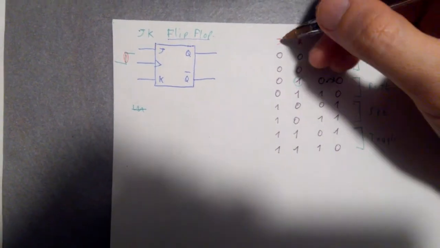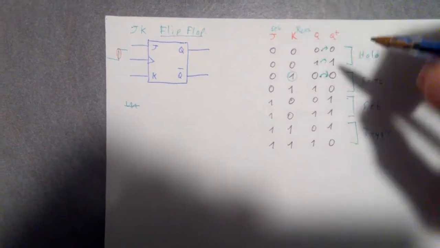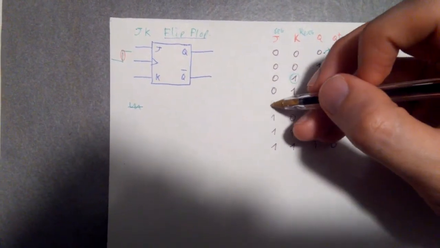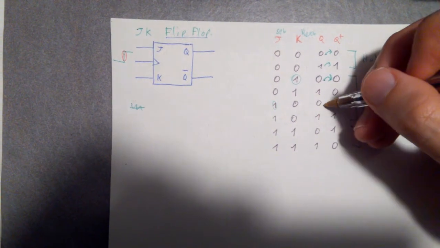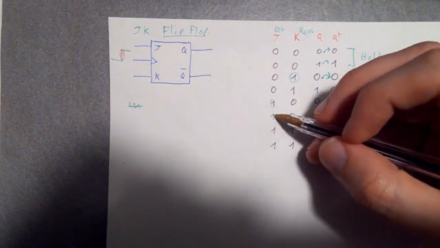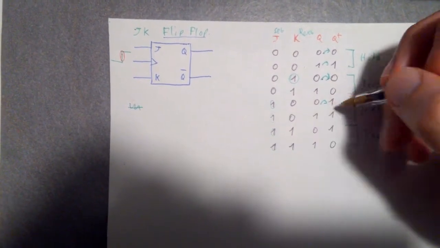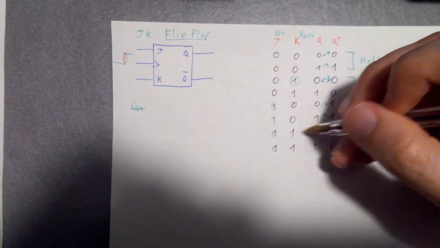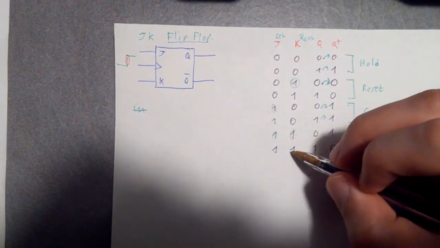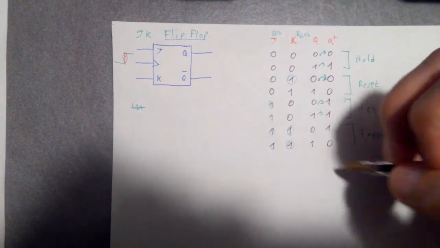In the same way, J is kind of a set pin, because if J is 1, the output always goes to 1. But if J and K are both 1, then the output toggles.